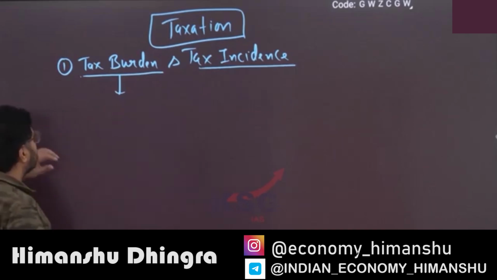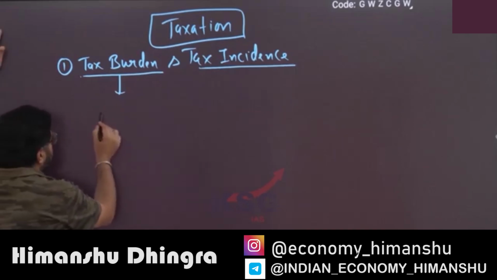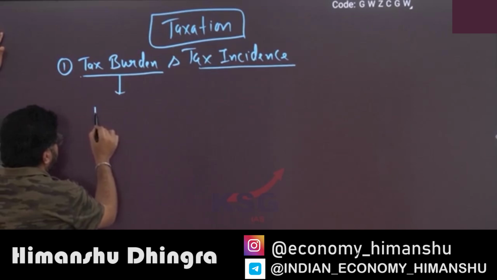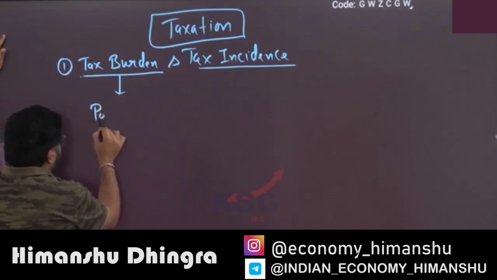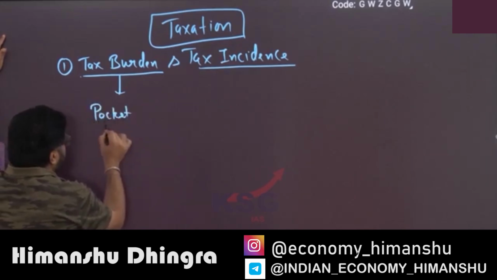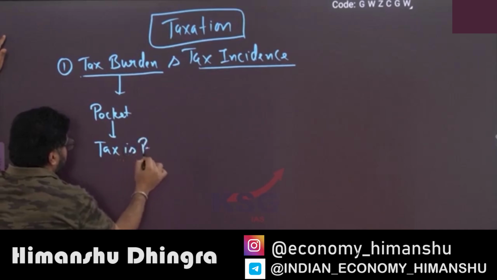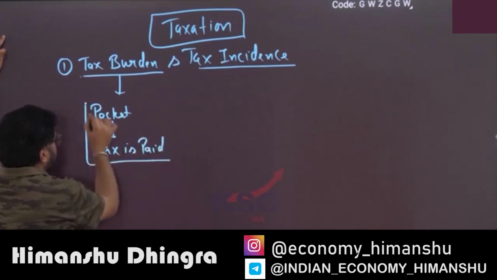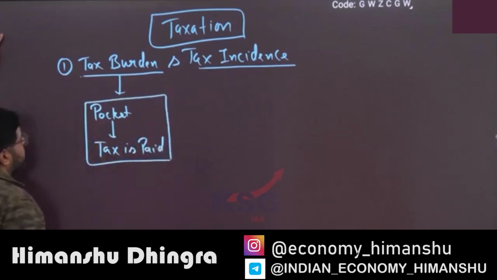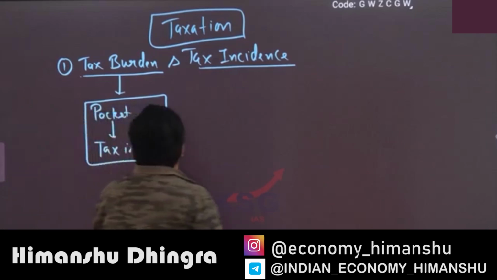Now burden and incidence. So basically the burden is the one who pays the tax, or the person whose money is collected as tax, or from whose pocket tax is paid. That is called tax burden.